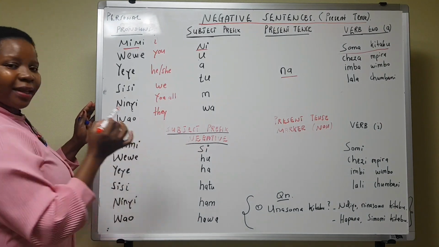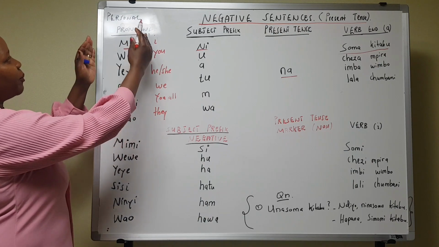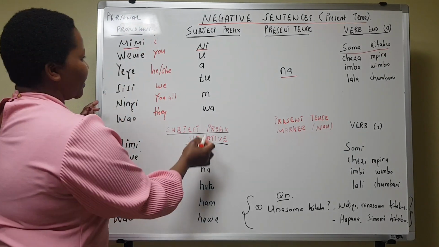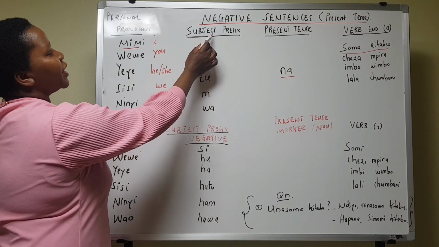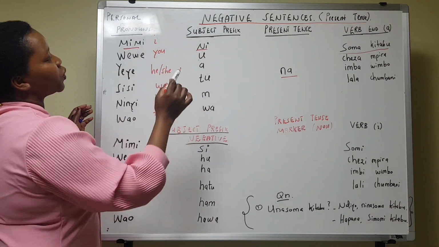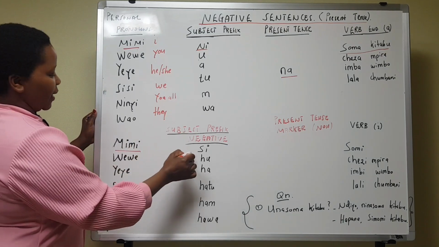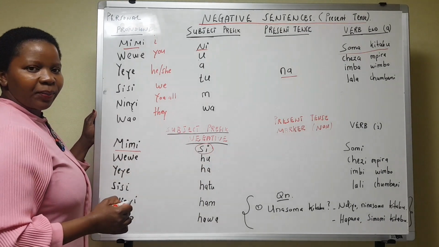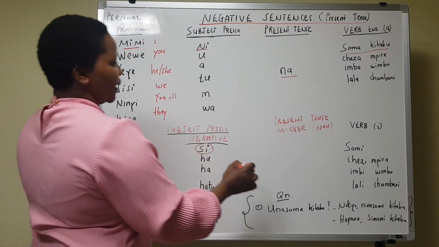Into a negative form, we use the same personal pronouns. Mimi. If you want to change the subject prefix into a negative form, and you use mimi, the subject prefix will change into si. Okay? Mimi, si.